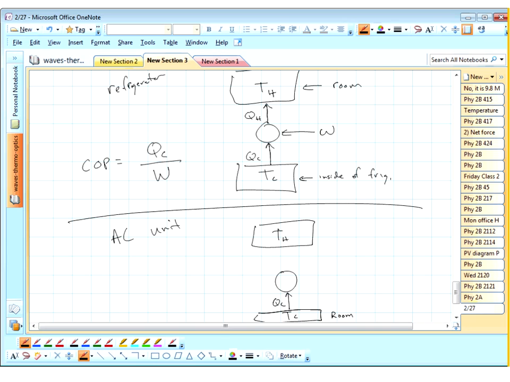This is your room, right? And it dumps it outside on a hot day. And you have to put work in. Just like a refrigerator, right? The model here, the picture I just drew, the diagram, looks identical. Q cold comes out of the cold place. Q hot goes into the hot place. We have to put work in.